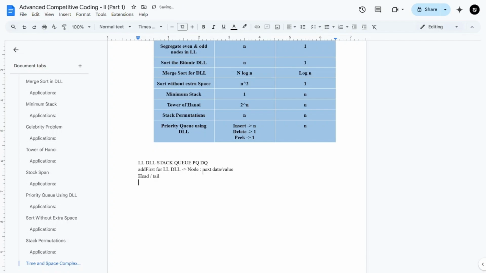Okay, next, difference between linked list and doubly linked list. That is, in singly linked list we have only next pointer. But in doubly linked list we have next as well as previous pointer.